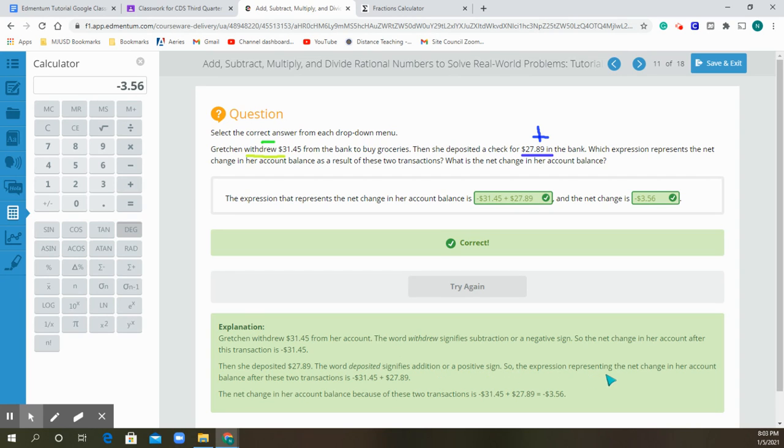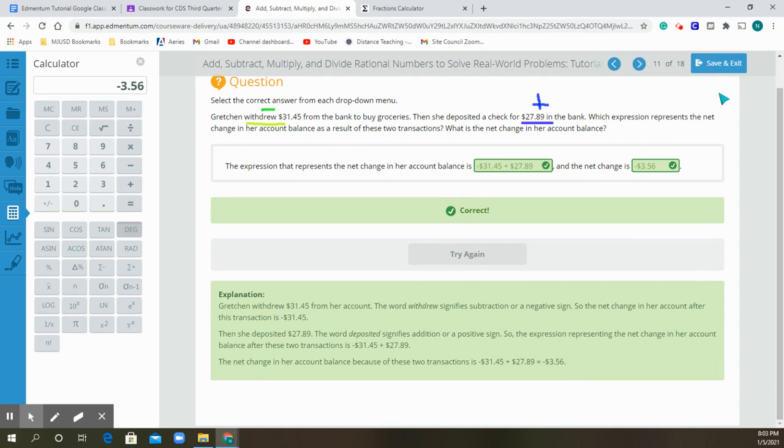So the expression representing the net change in her account balance after these two transactions is negative 31.45 plus 27.89. The net change in her account balance because of these two transactions is negative 31.45 plus 27.89 equals negative $3.56.